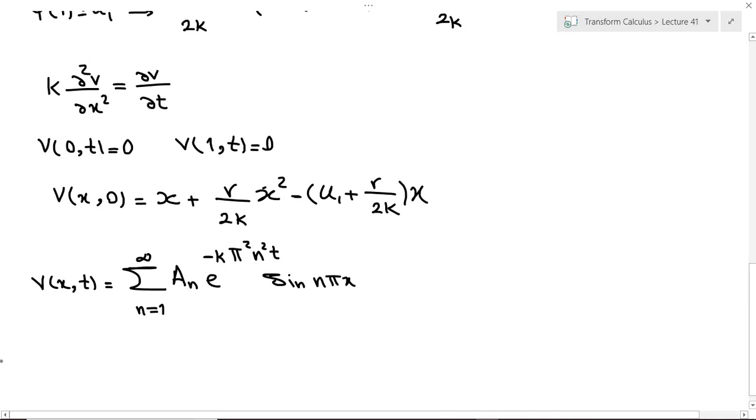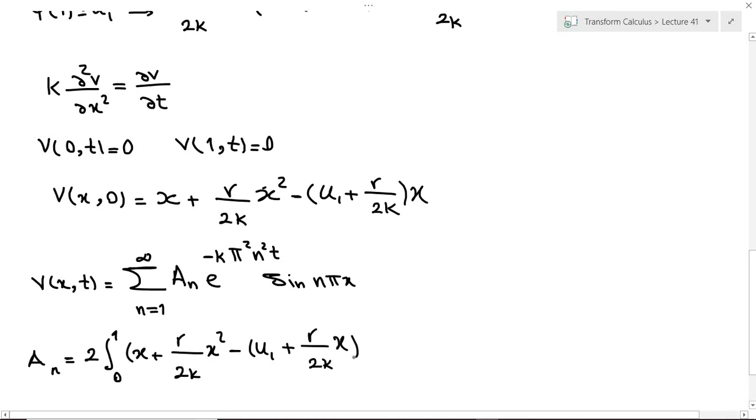And if you want to find an, an is equal to 2 times the integral from 0 to 1 of x plus r divided by 2k x squared minus u1 plus r divided by 2k times x, dx. So you can easily find this integral.